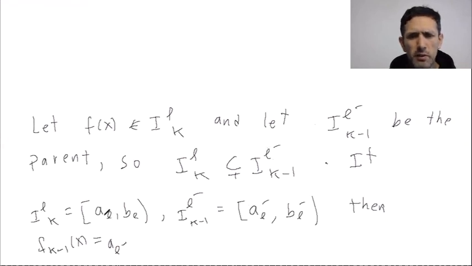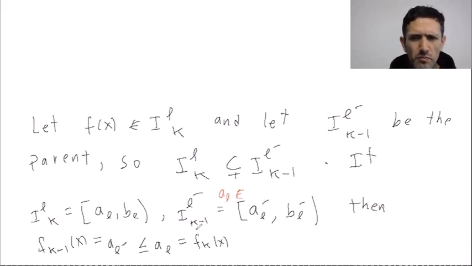So in particular, a_L is in this set here, so a_L' is less than or equal to a_L, because a_L is bigger or equal to a_L'. And this is what fk of x is going to be.